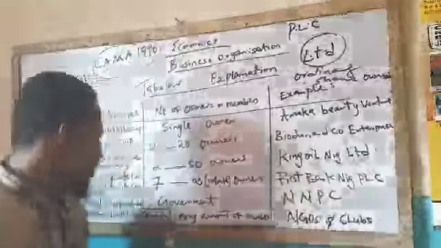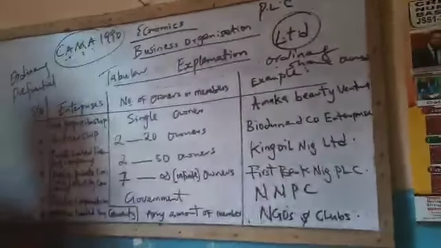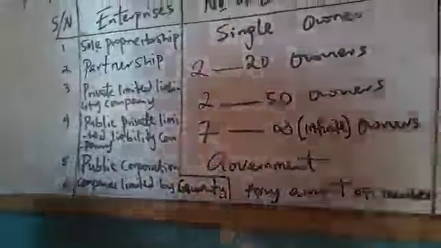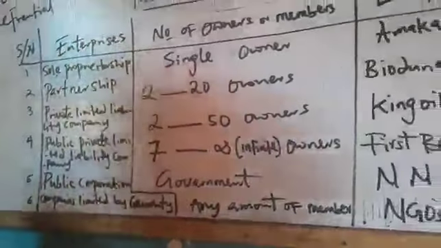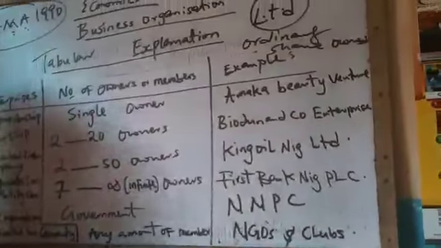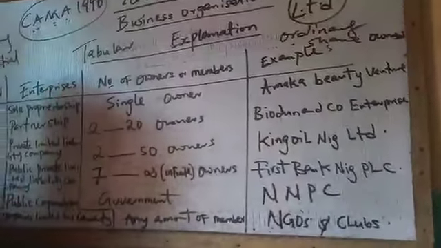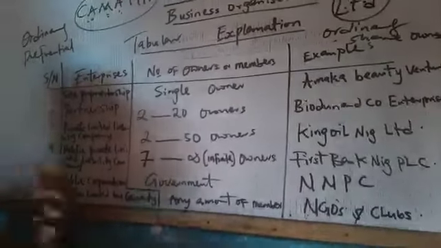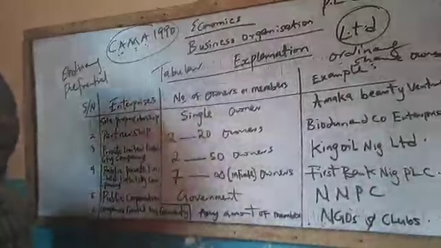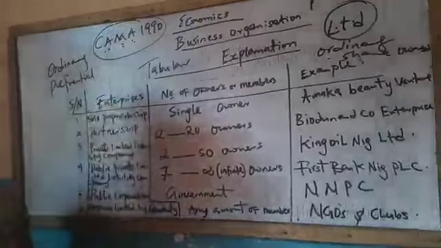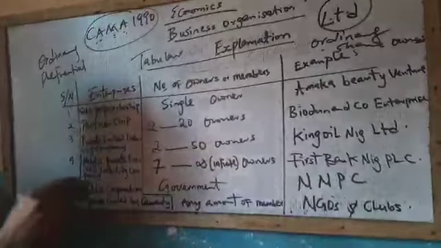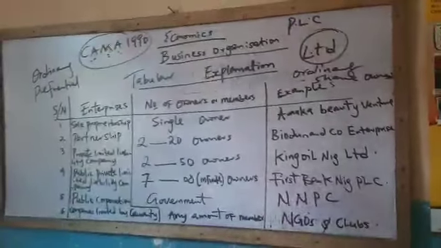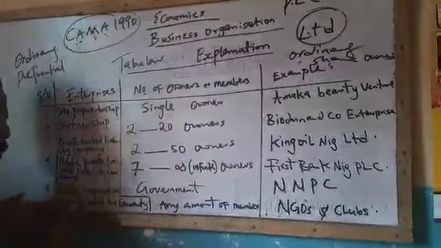Then the next one is companies limited by guarantee. These are usually the NGOs you see around, when few people come together and say, let us start up a company, not just for the purpose of making profit, for their own interest. When this company is being created for a particular interest, either to help people for humanitarian reasons or to be like an ombudsman to the country to checkmate the efficacy and efficiency of the government and others, those companies are called what?